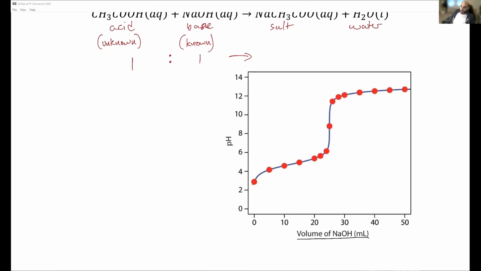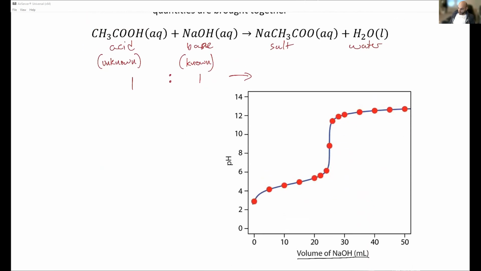So here I have a graph of this. Here I have a titration curve, and I will say that this right here is my equivalence point. An endpoint probably would show up somewhere up here.